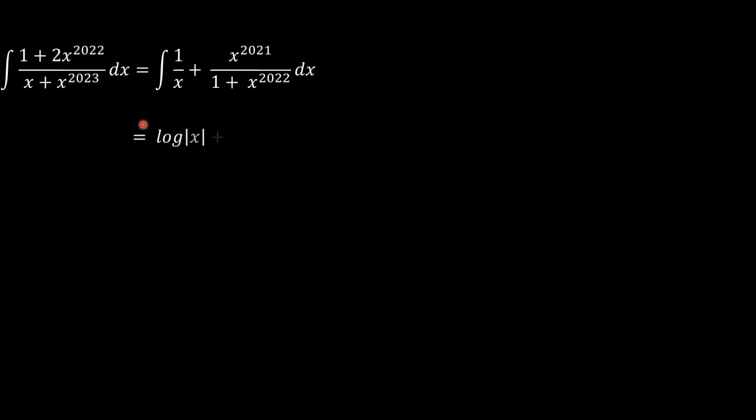And as you can see, the first one is the same as natural logarithm of absolute value of x. The second one is the same as 1 over 2022 times log absolute value 1 plus x to the power 2022, plus the constant c.